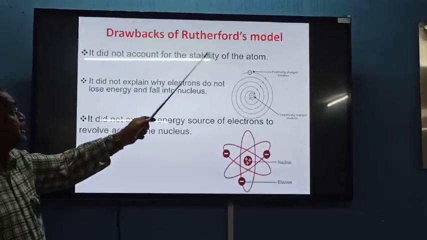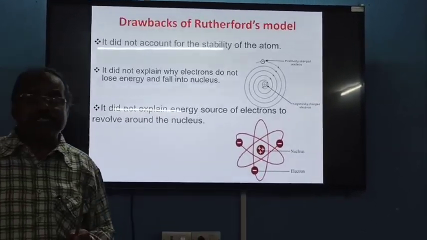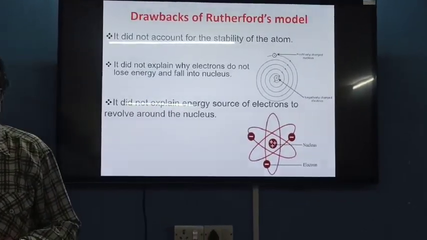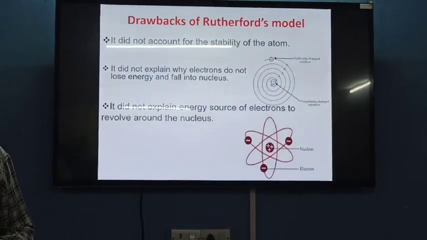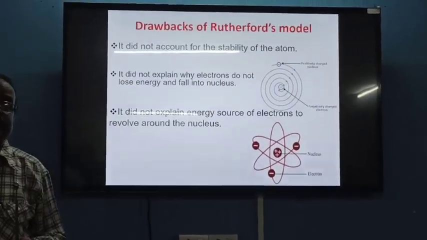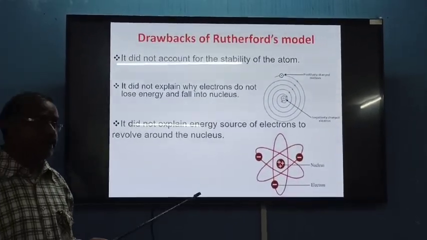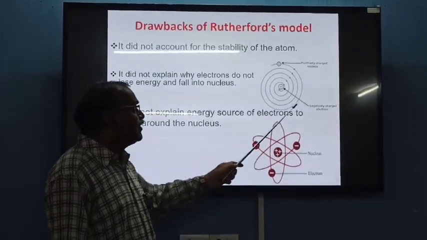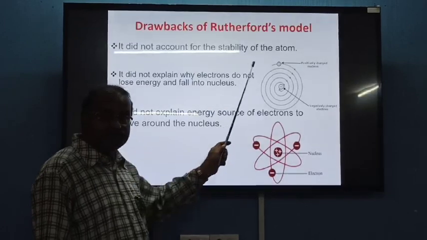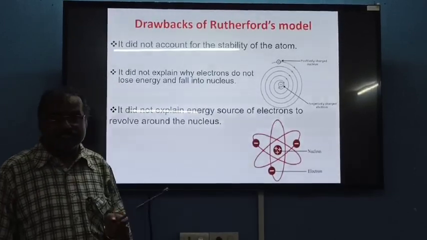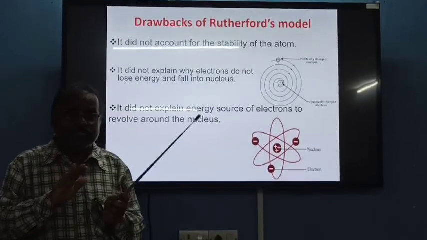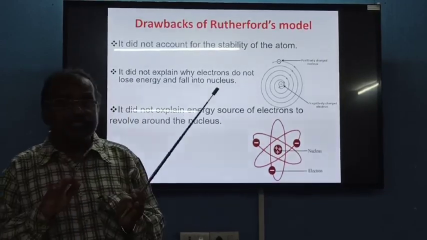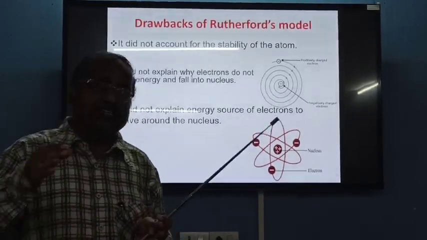Drawback of this model means some problem is there in this model also. See, the stability. Atoms are stable. They do not destroy on their own. Their stability is not explained by the Rutherford model, because if you imagine the solar system, around the sun planets are revolving continuously.